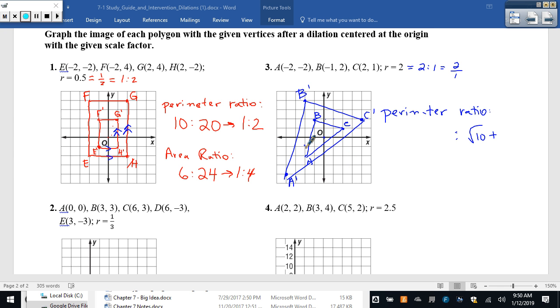AB, 1, 2, 3, 4 over 1. So 4 squared would be 16, plus 1 squared would be 1, so square root of 17. And then for AC, 1, 2, 3, 1, 2, 3, 4. We have 3 squared 9, 4 squared 16, 9 and 16 make 25, square root of 25 is 5.